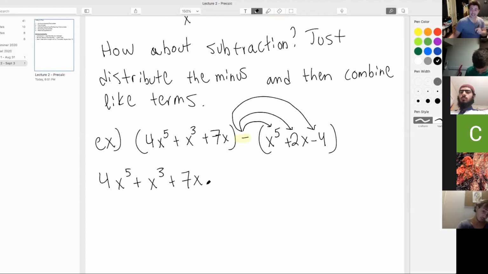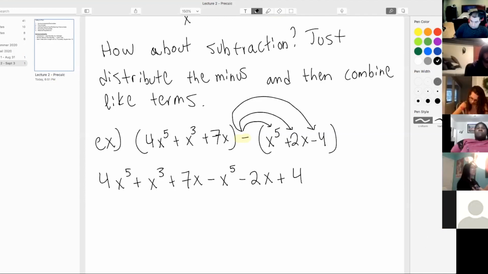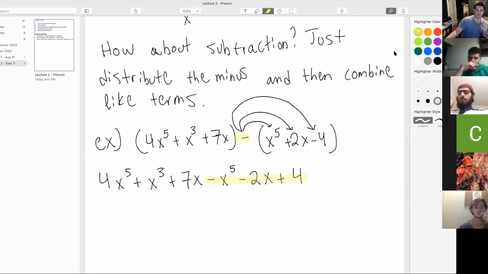Now, for the second polynomial, you have to negate each coefficient because I distributed a minus sign through. So the second polynomial turns into minus x to the 5th minus 2x plus 4. Please tell me if you're not okay with how I got the highlighted portion.